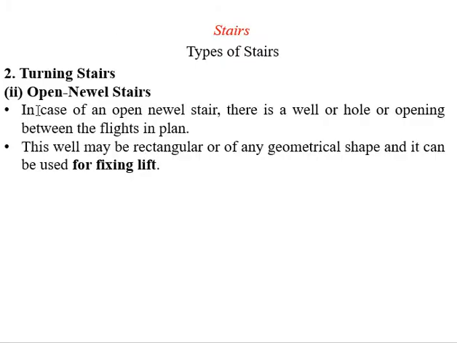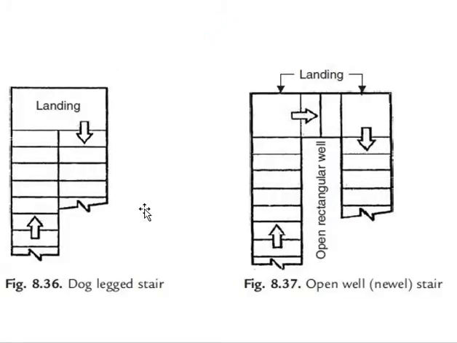The next type of stair is the open newel type of stair. As you can see here, this is an example of a dog-leg stair. We don't provide enough space between both of these flights, but sometimes we do provide open well type of space between both of these flights.